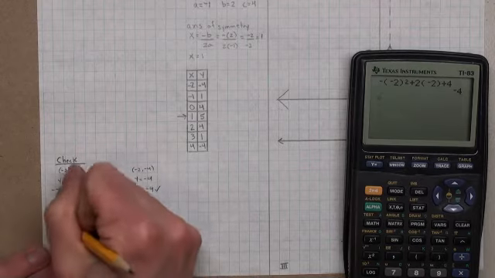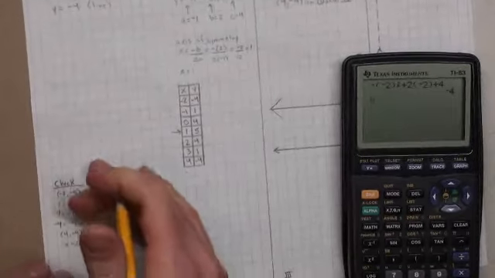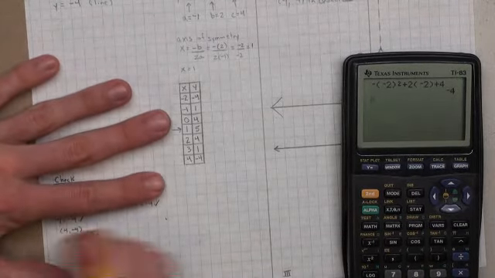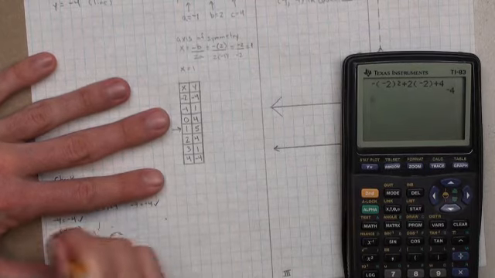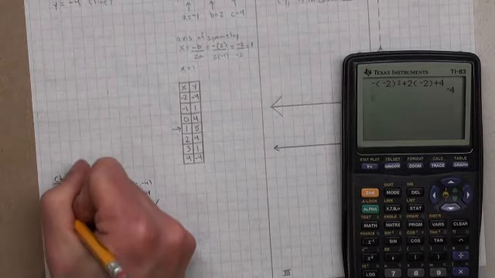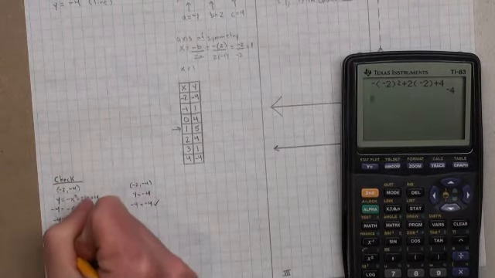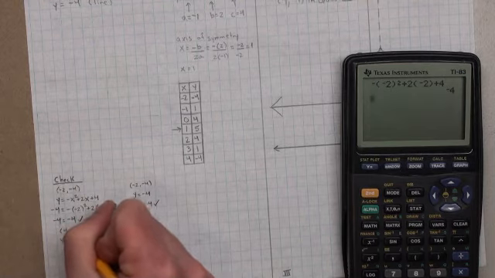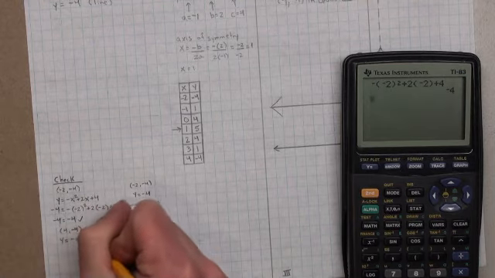Oh, I keep doing that. For the y, we're plugging in -4. Oh, I messed up again. We're supposed to write the whole equation down first, right? I'm getting sloppy here. All right. Y equals -x squared. Always write the original equation down first. Plus 2x plus 4.